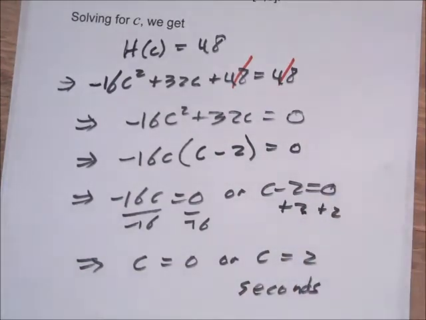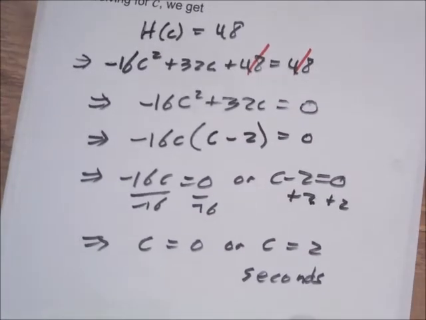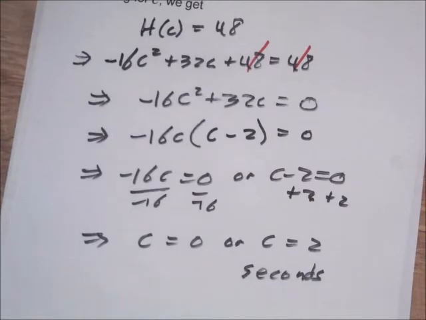Okay, so the mean value theorem for integrals guarantees there's some time when the height is equal to the average height of the rocket.